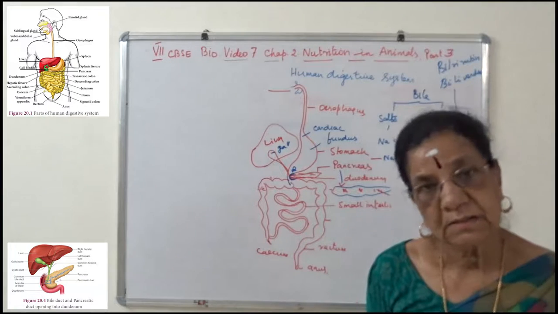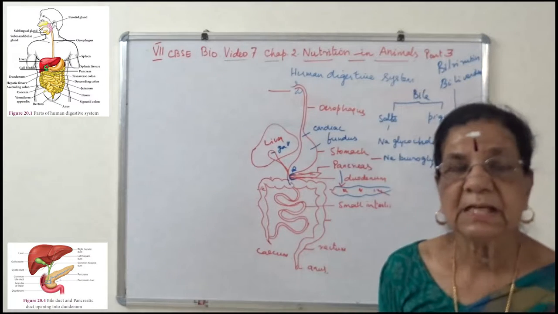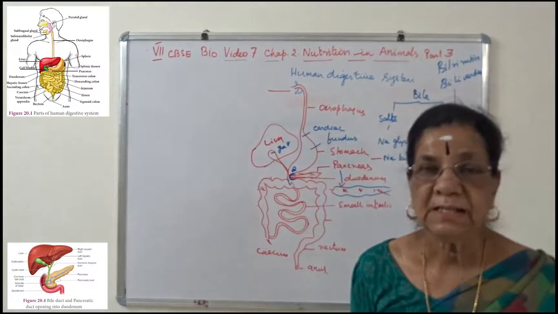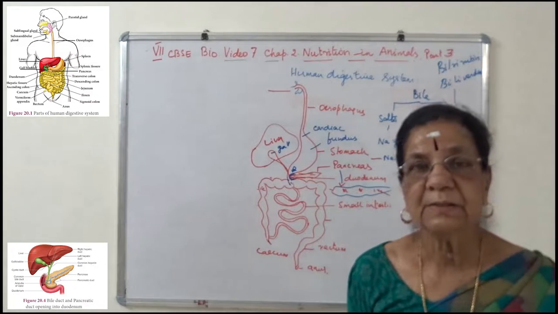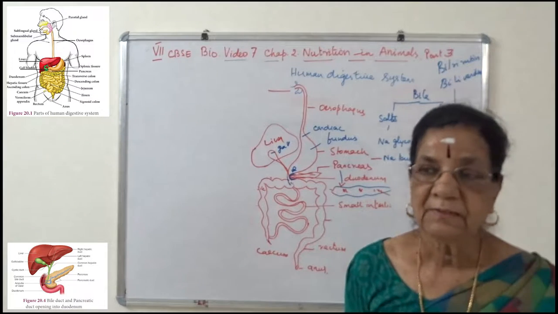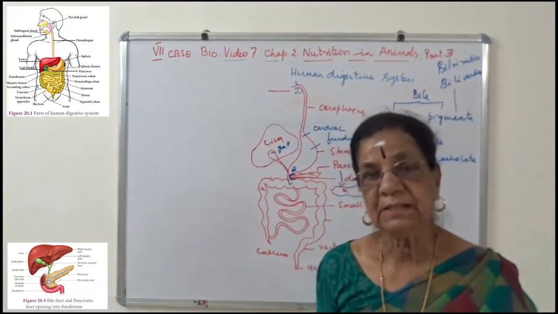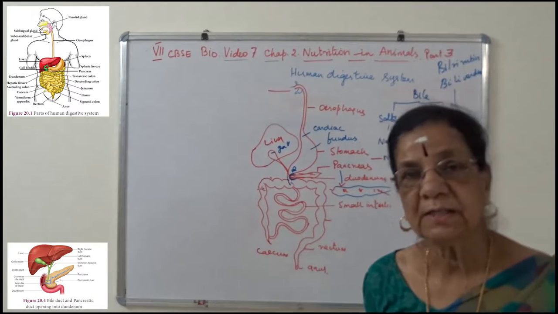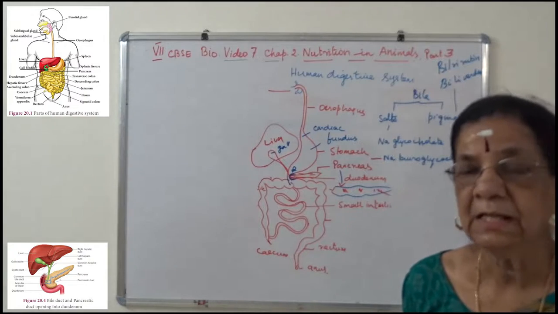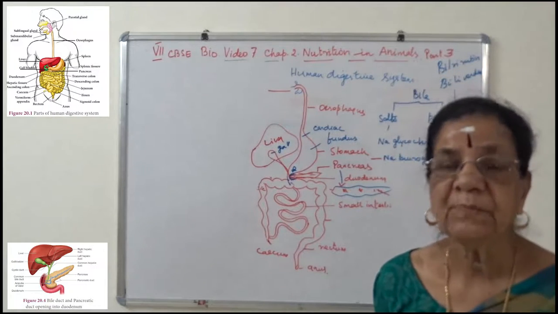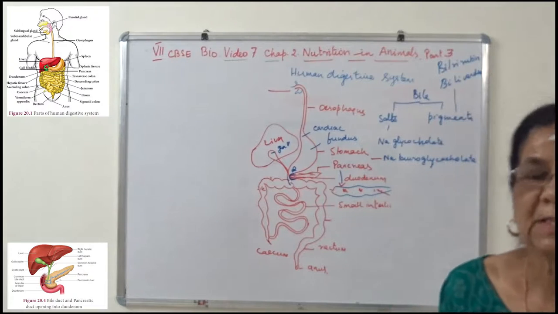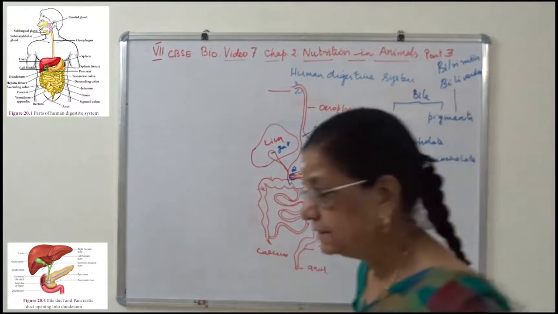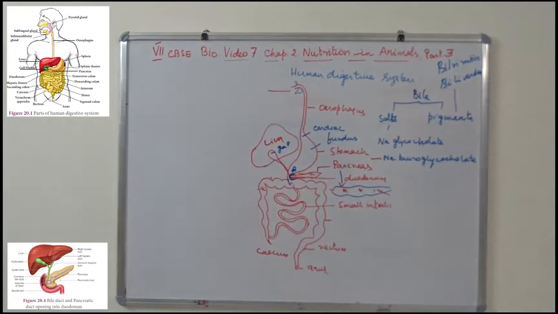And then HCl is making the medium acidic. You need to remember, HCl is secreted by a special type of cells called oxyntic cells, and it makes the medium acidic, protects the wall also, and acts as an antibacterial agent.